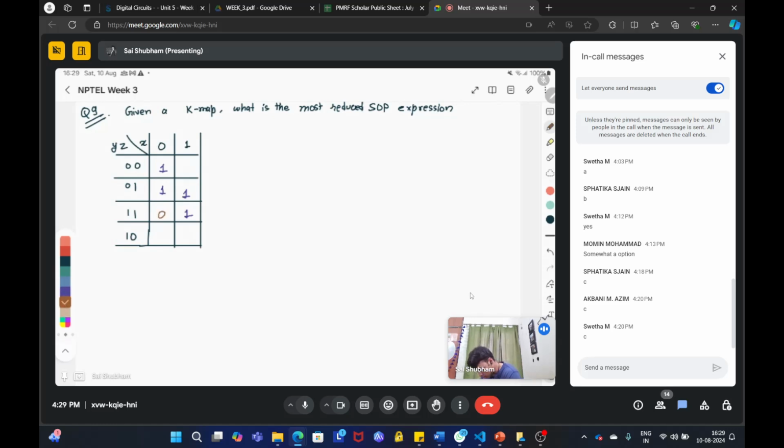Assuming the rest of them to be 0, can you tell me what's the answer for this? I think this is fairly simple. You can type in the comment section.